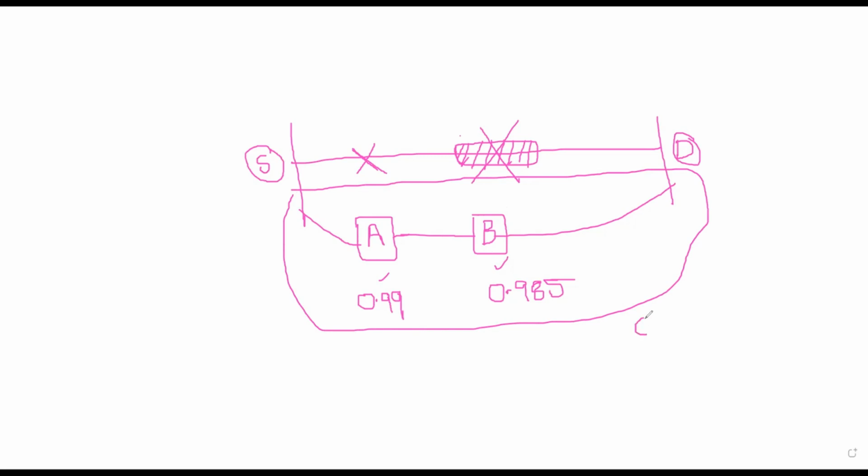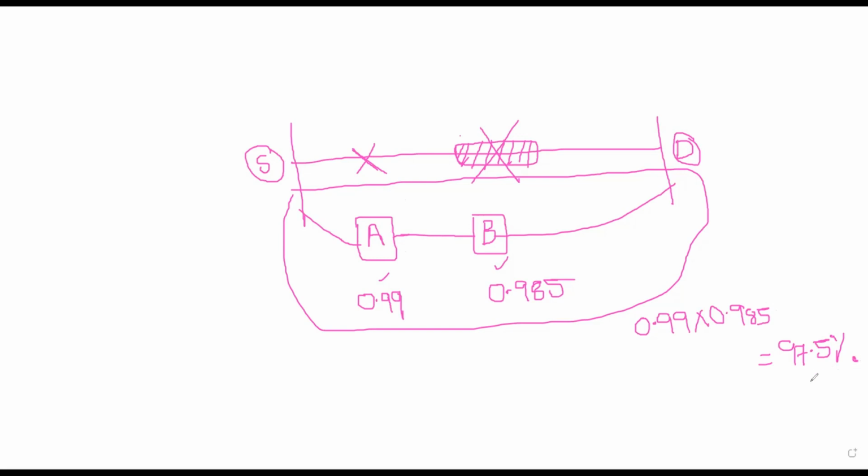We have to multiply 0.99 into 0.985, which gives you 97.5%. Check, see here. 97.5% is not the reliability of B, nor the reliability of A. The reliability of A and B are much greater than the resultant one.